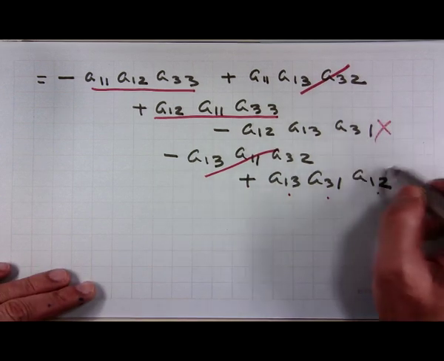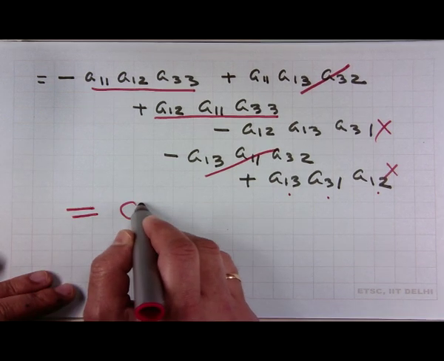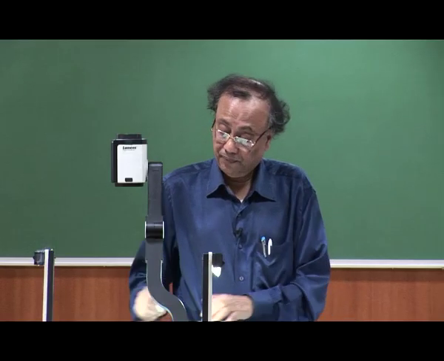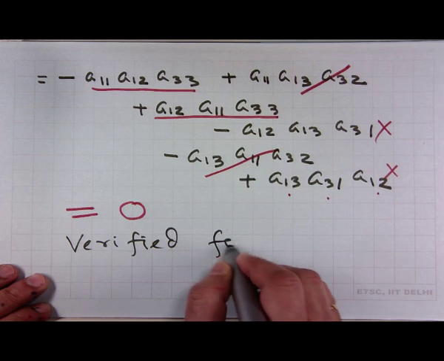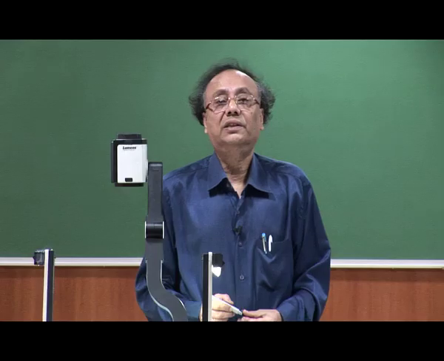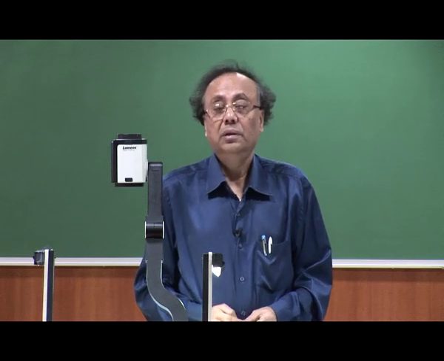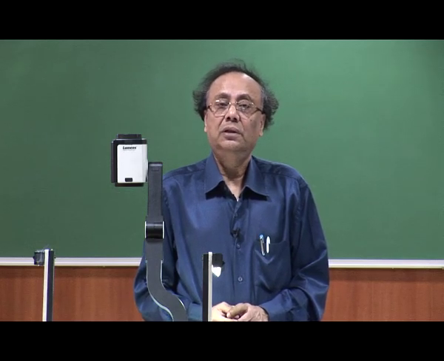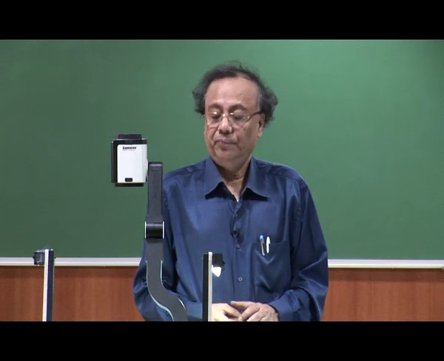Therefore, this also cancels with this. Therefore, this whole thing is equal to 0. So, this I have verified for P12. I suggest that you convince yourself by working out the other off diagonal elements and computing their values, which you will see will come out to be 0.